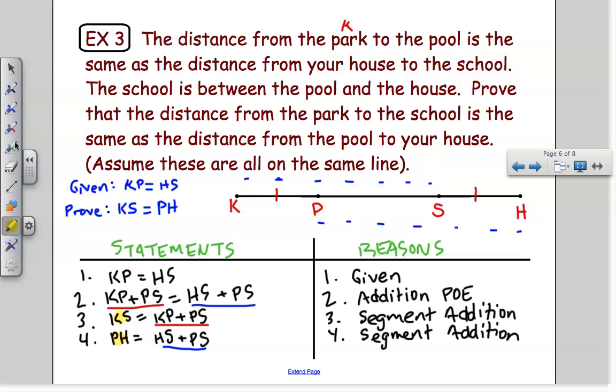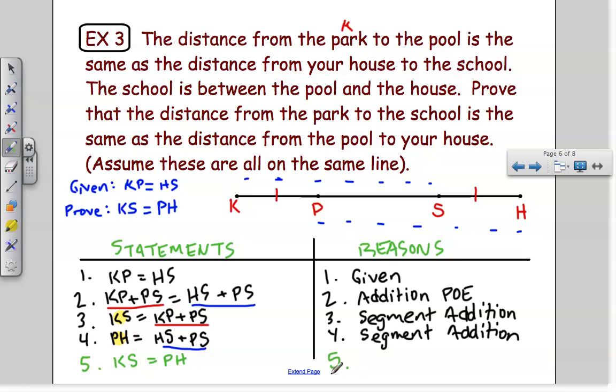PH. So now I'm basically done. Instead of KP plus PS, I can put what it equals, which is KS, equal to, instead of HS plus PS, I can put what HS plus PS equals. When I add those two segments, I get the bigger segment, PH. And the park to the school is the same as the pool to the house. That's what I was trying to prove all along.